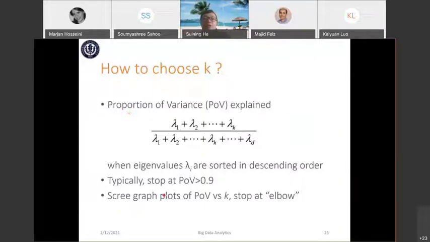Typically, we sort all the eigenvalues from the largest to the smallest, and then add them one by one, to see when the percentage of variance reaches about 0.9. Then we can conclude that these components are sufficient for us to describe the variance of the data. We can see some kind of elbow point in an example.